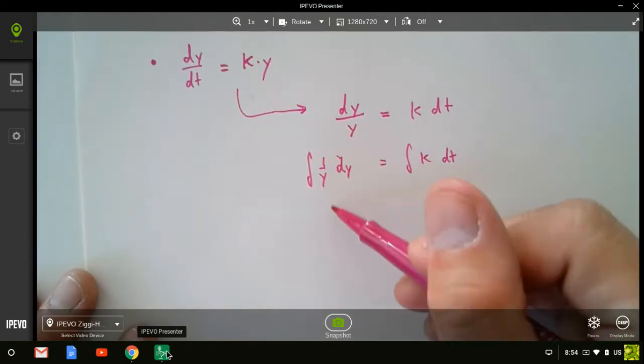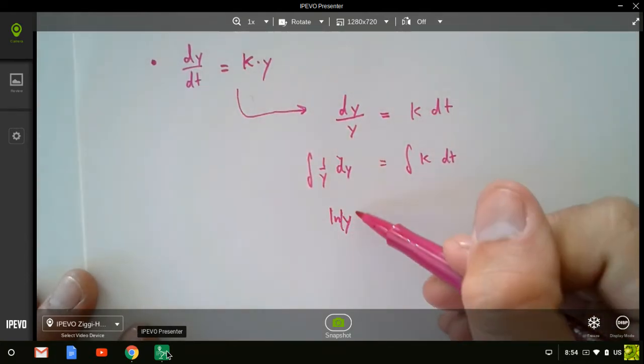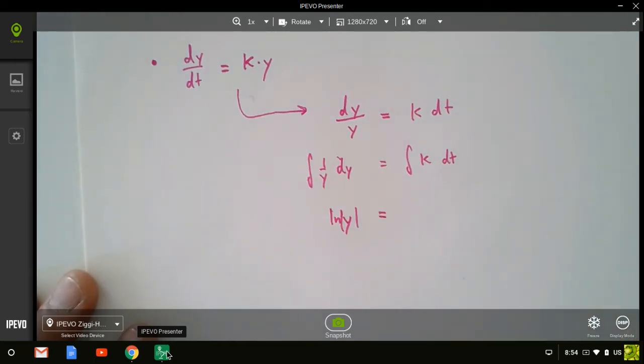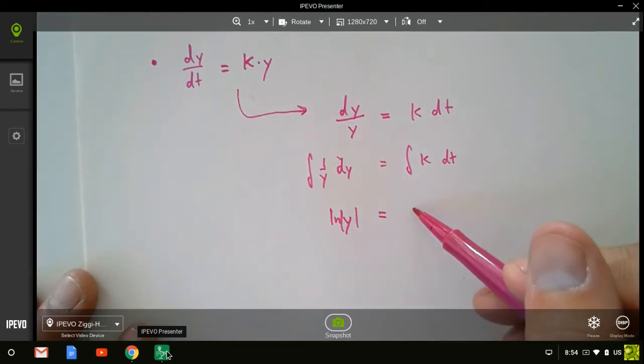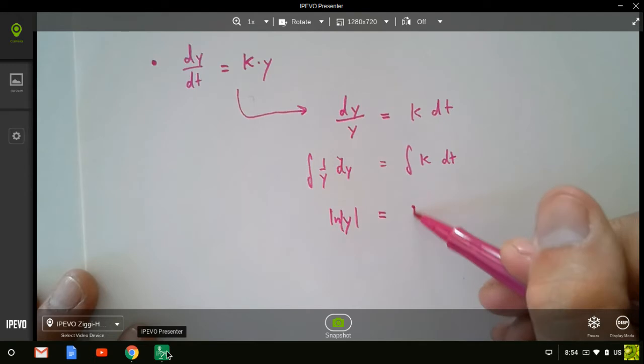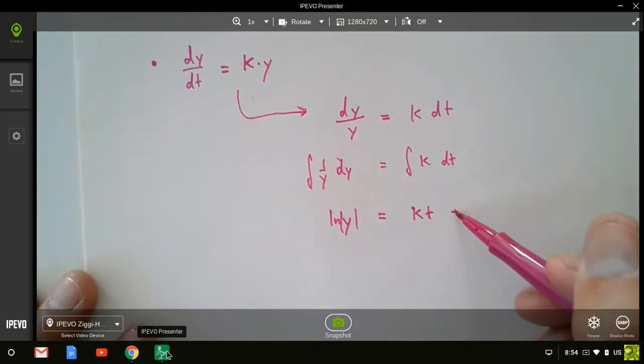And then you know that you get ln of the absolute value of y, equals kt plus c.